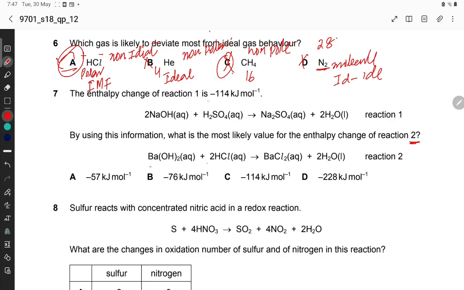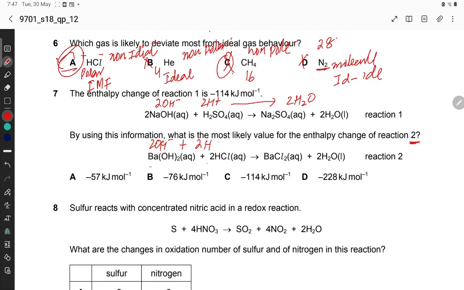If the enthalpy change of reaction is minus 114 kilojoule per mole, this is the same reaction as this one. This is the 2OH negative, 2H positive to form water: this is the ionic equation for this chemical equation, and this is the ionic equation for this reaction.